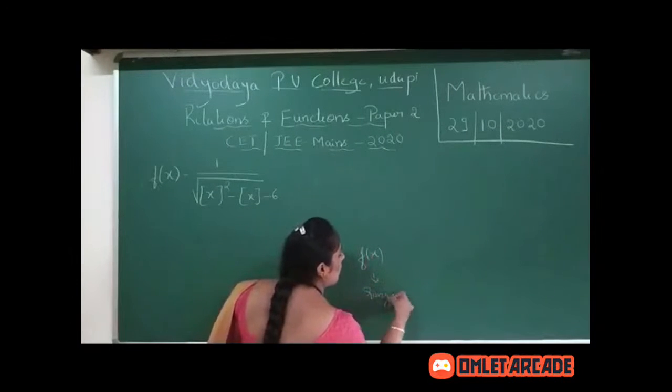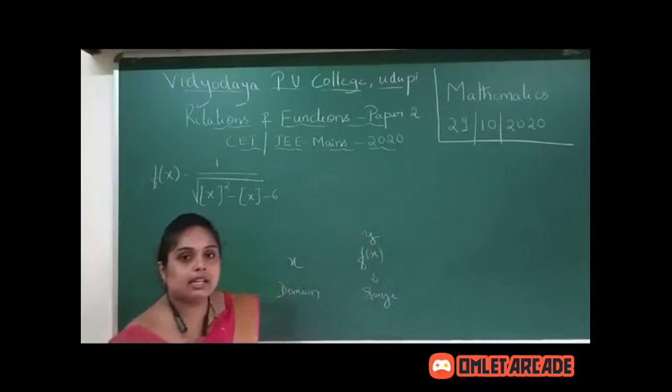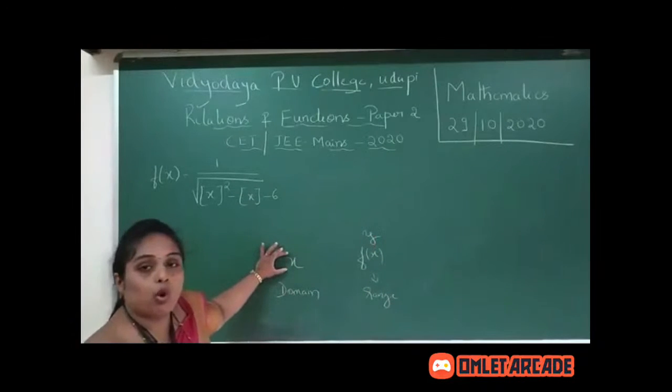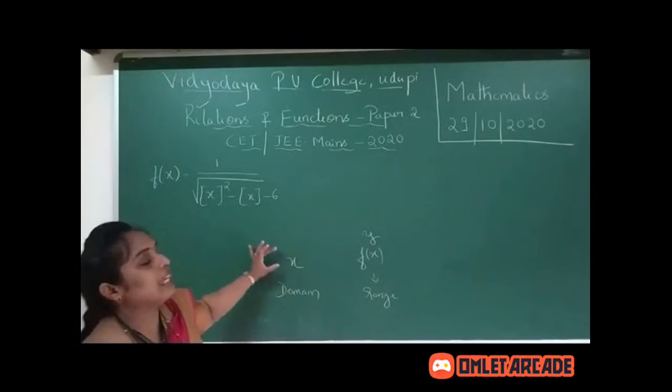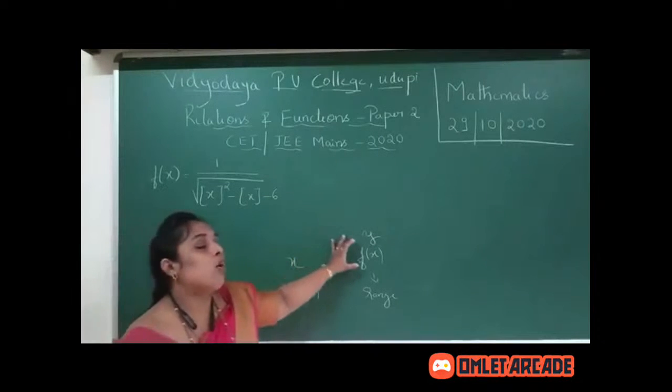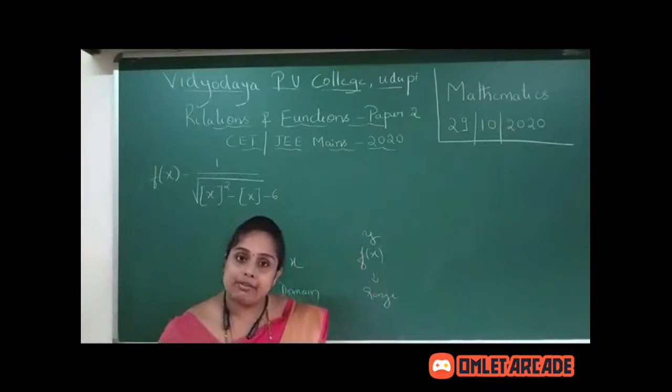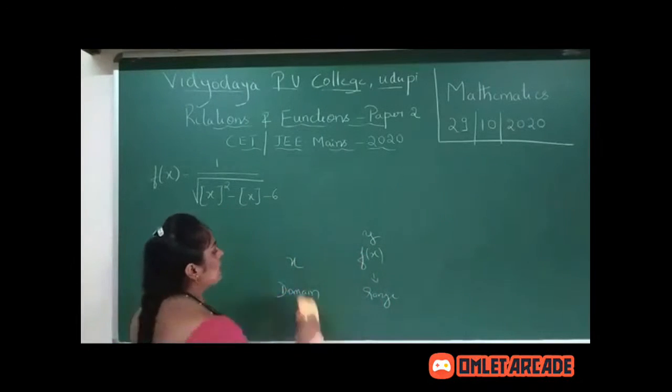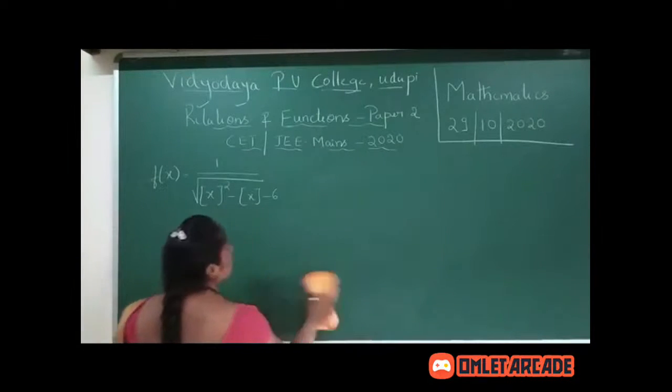Right? f of x is y. Domain is the value I can substitute in the place of x such that y is defined. y should be defined. So that is the domain and range.